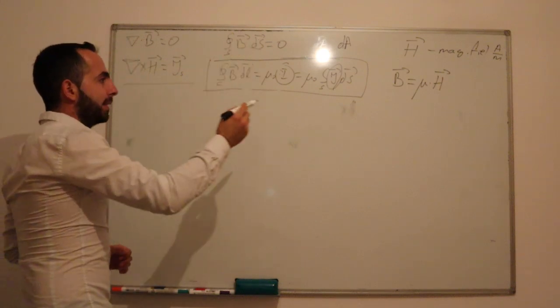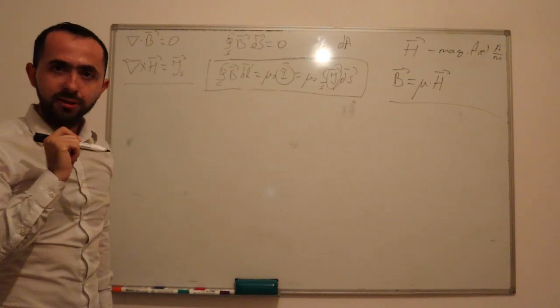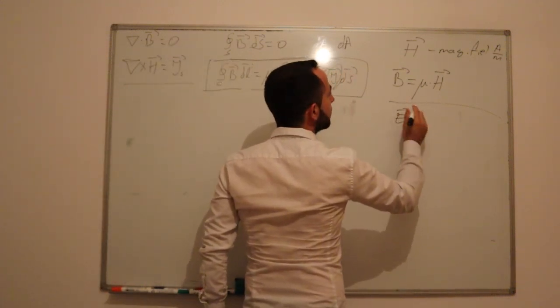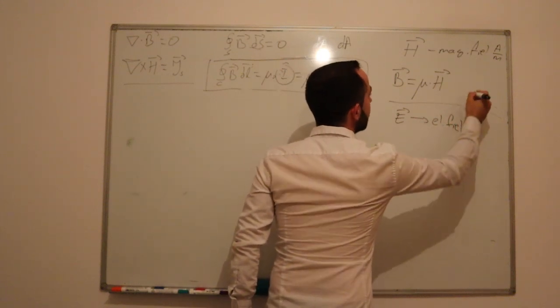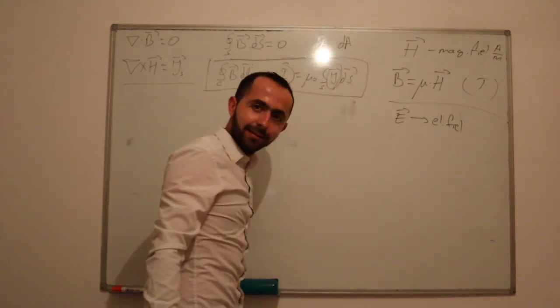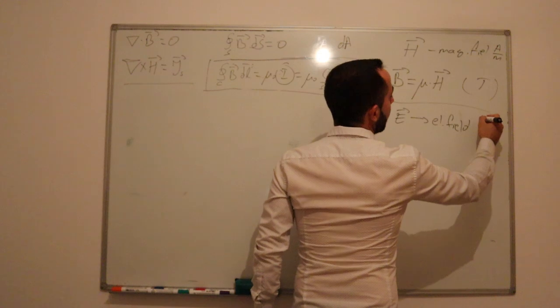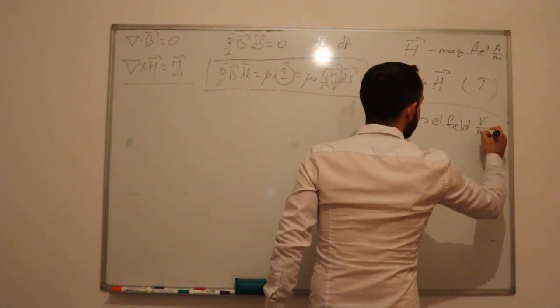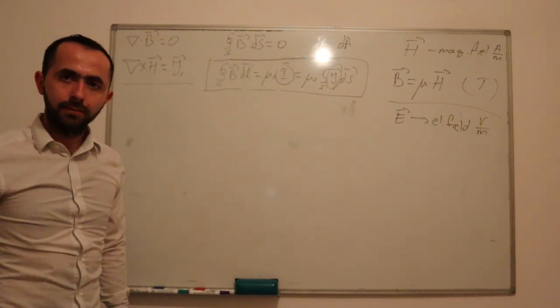So we will make an analogy to electrostatics. In electrostatics, we had an electric field E, and also the unit is Tesla, because of Nikola Tesla. The unit for the magnetic field here was ampere per meter, and here it is volt per meter.